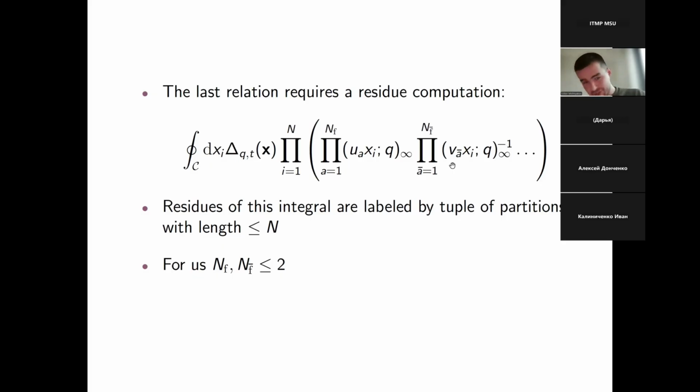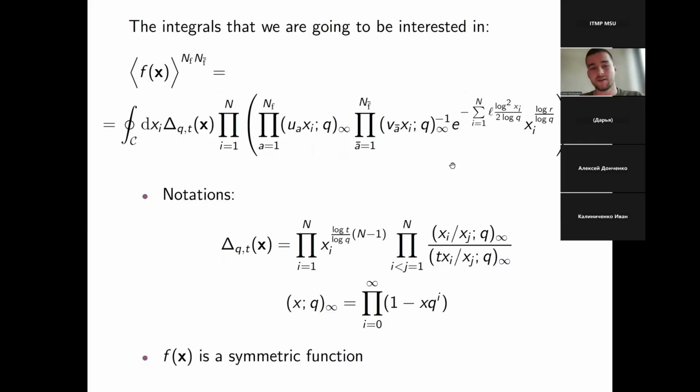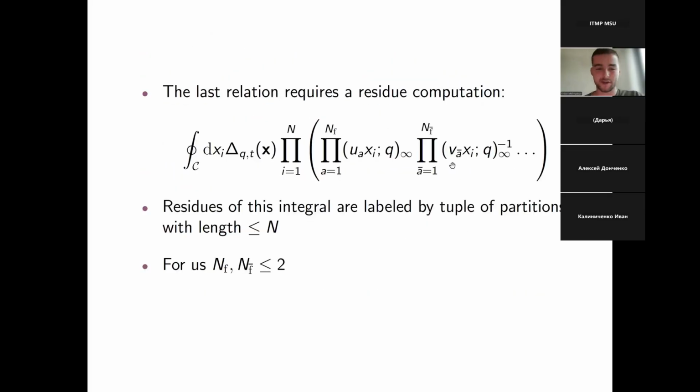Actually, the question of how to choose a contour of integration in this integral in general, and how this affects the result of integration, is quite a complicated one. So I will restrict to, in some sense, a very small family of integrals of this type, which correspond to models with just a few matter and anti-fundamental matter multiplets, less than or equal to 2.